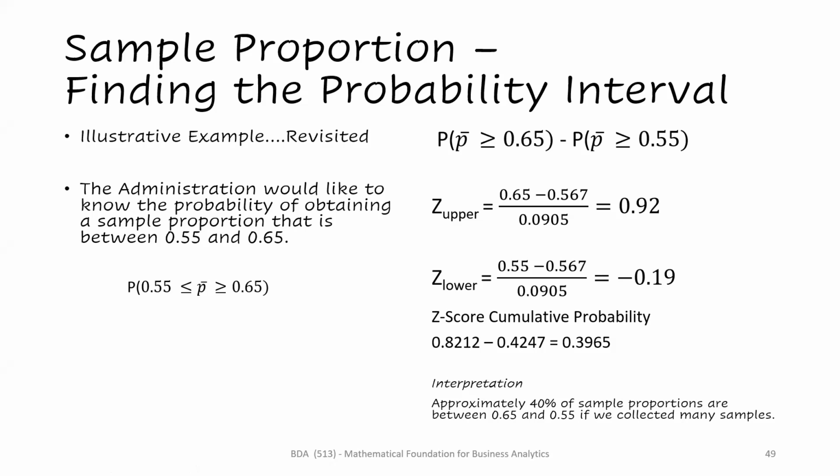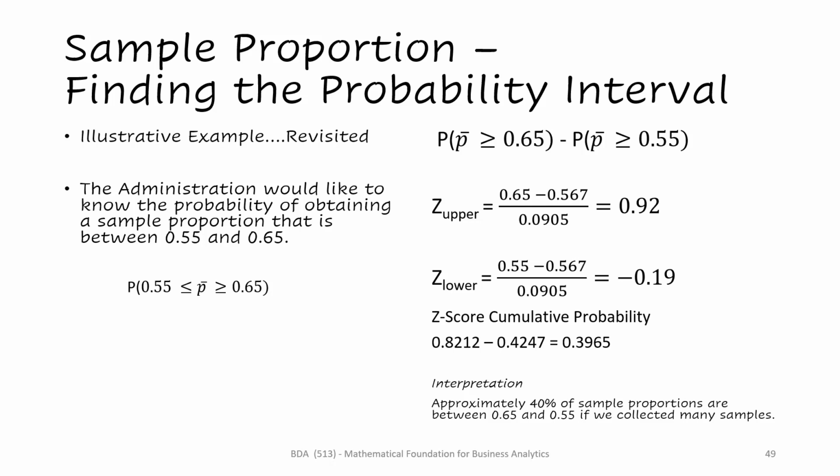Written mathematically, it is the probability, in brackets, of a sample proportion that is between 0.65 and 0.55. So we have the upper value and then we have the lower value.